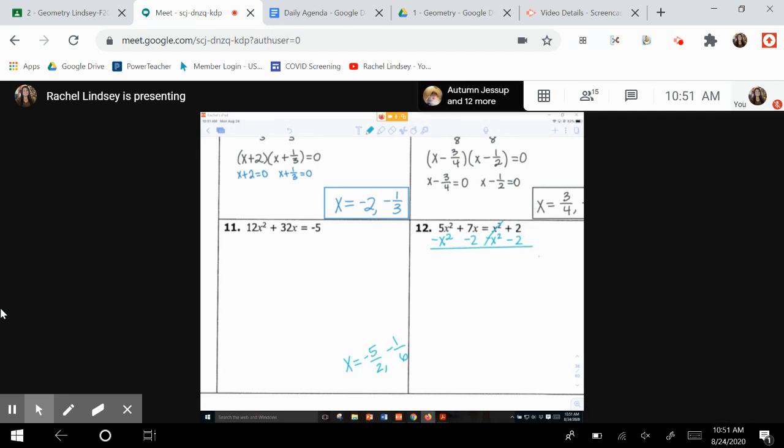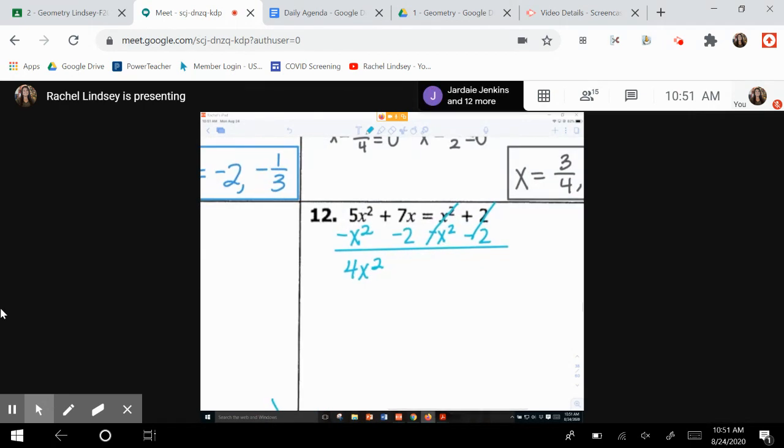Okay, so what's 5x squared minus x squared? Just 4x squared. Remember, you subtract the coefficients. And then I just have 7x, don't combine it with anything. And then minus 2, don't combine it with anything, equals 0.